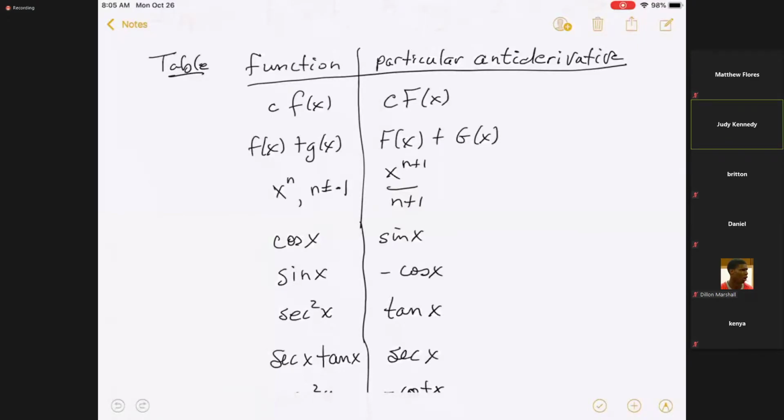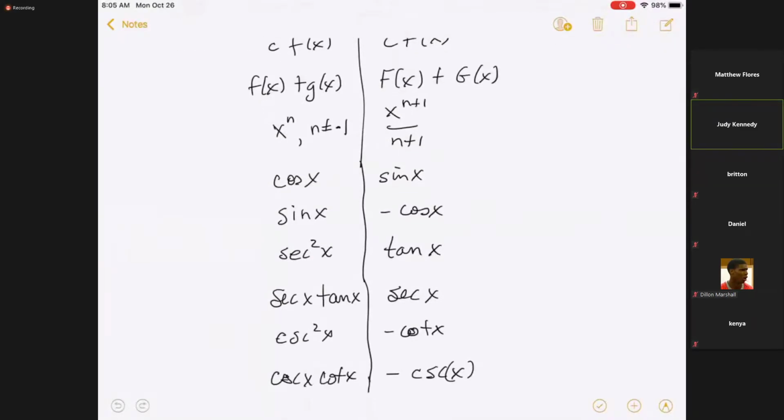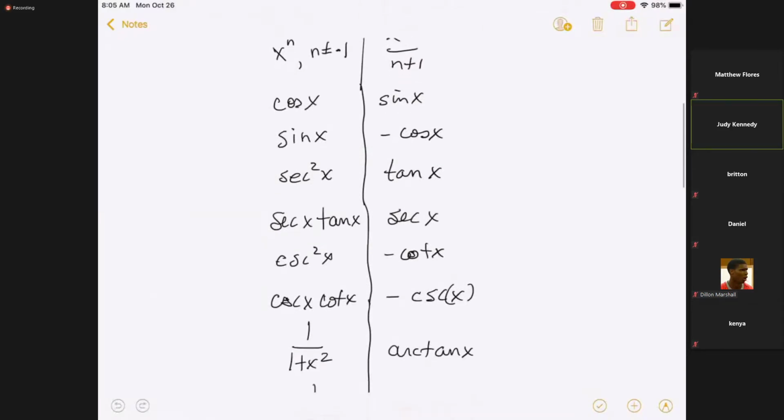Likewise, since the derivative of the cosine of x is minus the sine of x, an antiderivative of sine of x is minus the cosine of x. Antiderivative of secant squared is tangent of x, and antiderivative of secant x times tangent x is the secant of x. And antiderivative of cosecant squared is minus cotangent of x. And antiderivative of cosecant x times cotangent x is minus cosecant x.